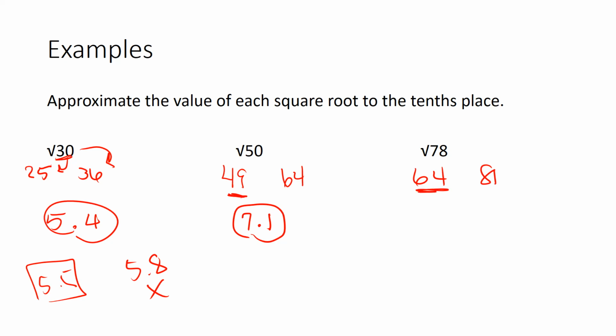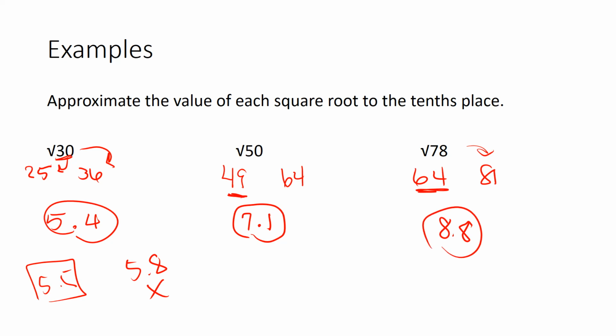I know 78 is bigger than 64, and the square root of 64 is 8. So I'm going to do 8 point. 78 is a lot closer to 81 than it is to 64, so I know this is going to be bigger than 8.5. It's really close to 81 actually. It's only 3 away, so I might approximate this as 8.8.